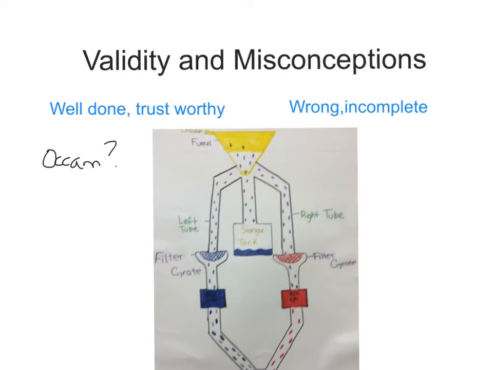Number two, does this model explain all the observations that we made? And does it predict future observations accurately? Which you won't know, of course, until the future comes. And those were the things that I asked you to consider in evaluating the validity of the model.